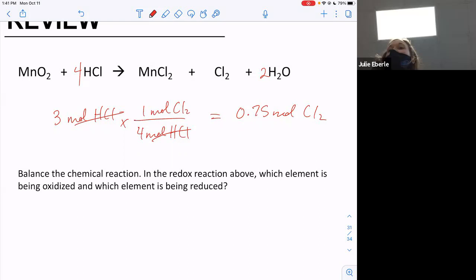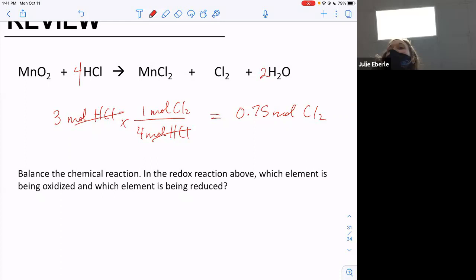So I would have to say how much manganese chloride. We name these compounds individually. So if I just say how much chlorine would I get, I'm just talking about that part. Even though this compound does have chlorine in it, that's not chlorine. That's manganese chloride. Does that make sense?